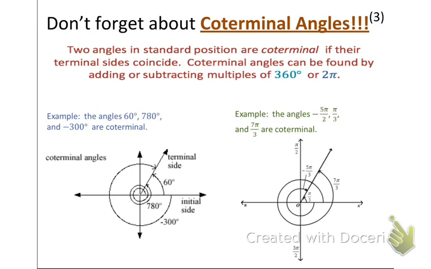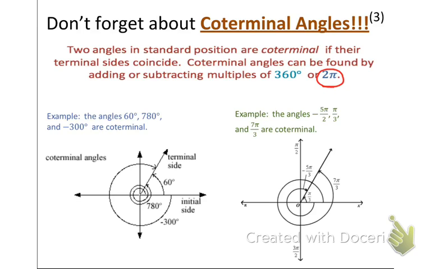Now that you have that drawn out, we don't want to forget about coterminal angles. The nice thing is that coterminal angles work in the exact same manner for radians as they do for degrees. So we want to note that coterminal angles can be found by adding or subtracting multiples of 360 or its equivalent of 2 pi, especially when we are talking about radians.